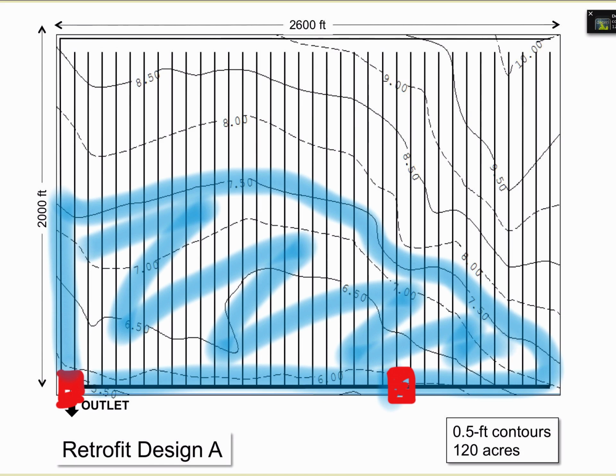But what would I get with that? So with a 2 foot elevation interval going from 6 to 8 feet, what does that zone look like? It looks like this.